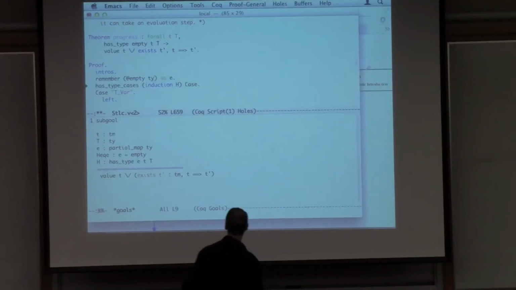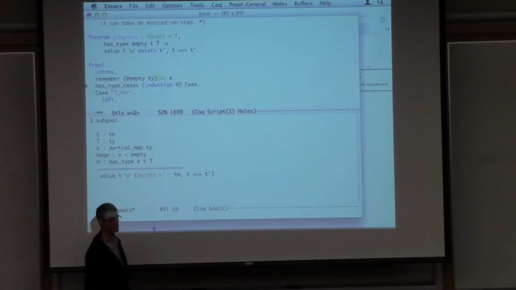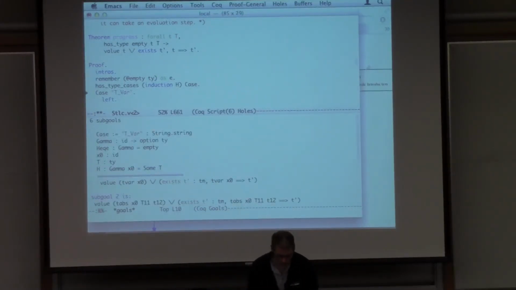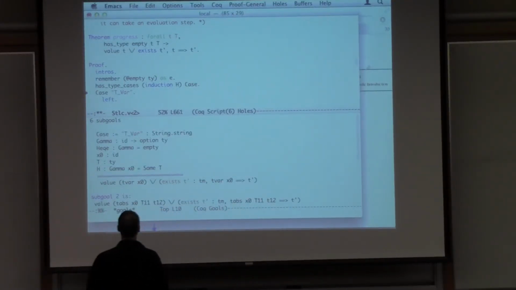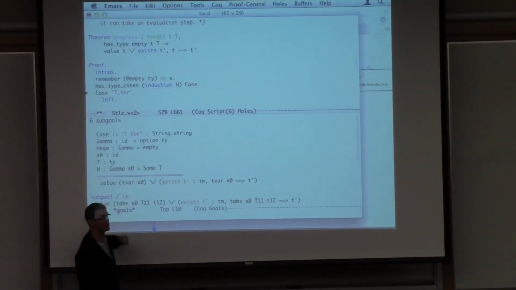Okay, so now H is fully abstract. The E is remembered to be empty, and now we can try doing our induction again. Does this look better? It does, because we still have that fact that gamma equals empty.